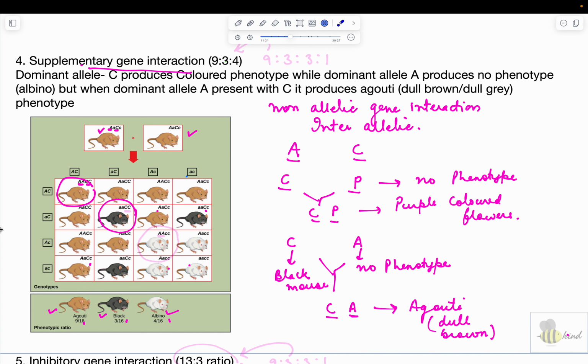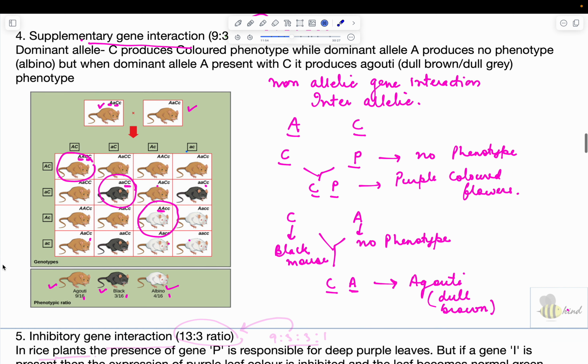Because it has only one dominant allele, that is C, which is responsible for the production of the black phenotype. And why is this albino, white? Because it has a dominant allele which alone does not produce any phenotype. So in supplementary gene interaction, the ratio 9:3:3:1 is modified to 9:3:4.